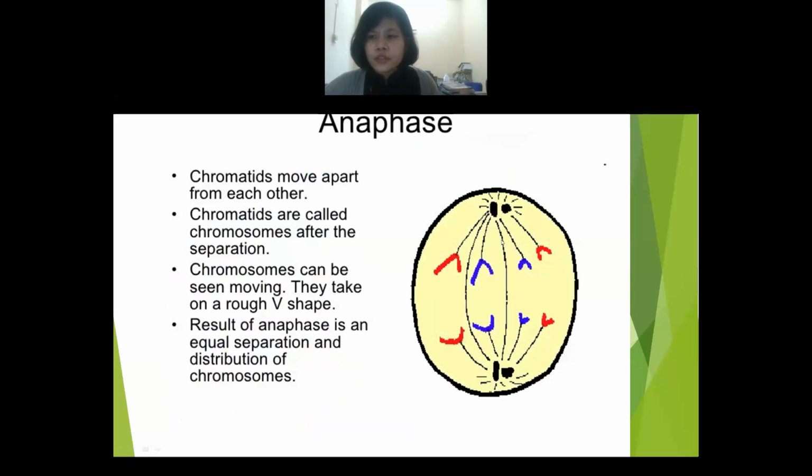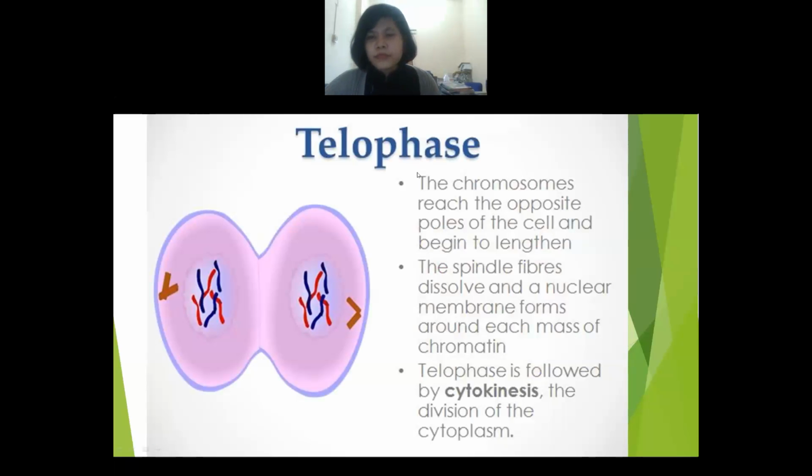In the anaphase, these two chromatids will move apart from each other, to both sides, and they will separate and become V-shaped. And there will also be equal separation.